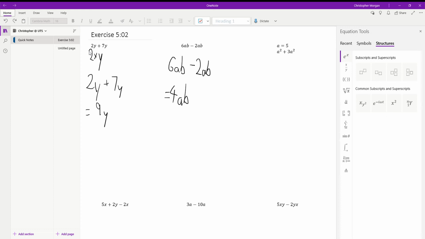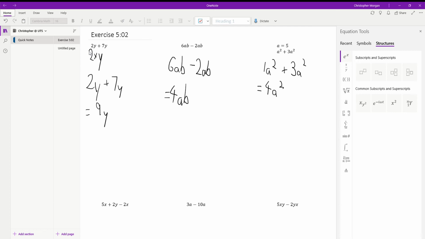So a squared means 1a squared, so we can write 1a squared plus 3a squared. Now, because the letters are the same, they're both a squared, we are allowed to just add the numbers. So we end up with 4a squared, and my equal sign, which I should remember.